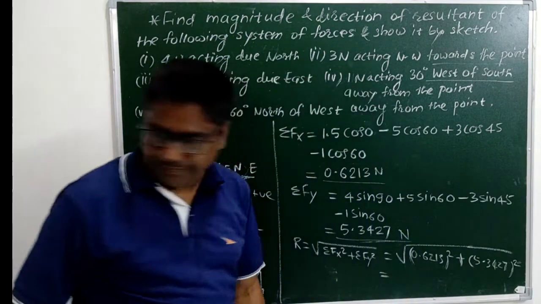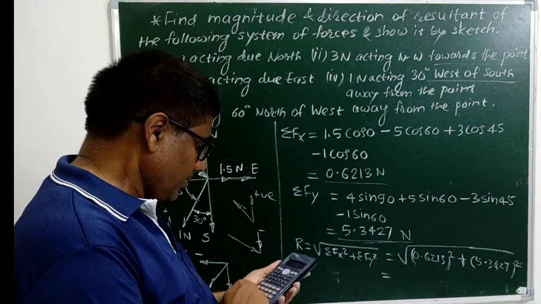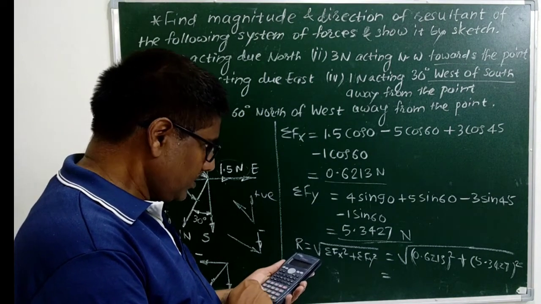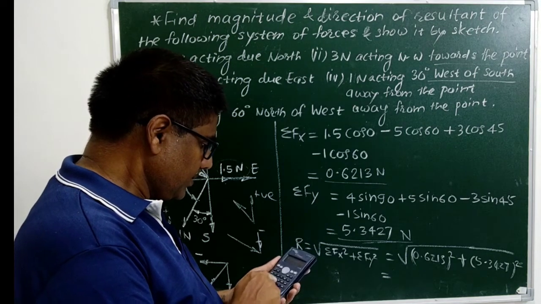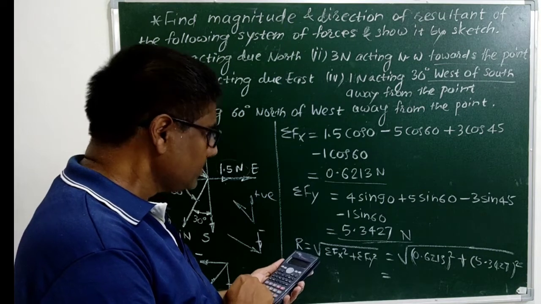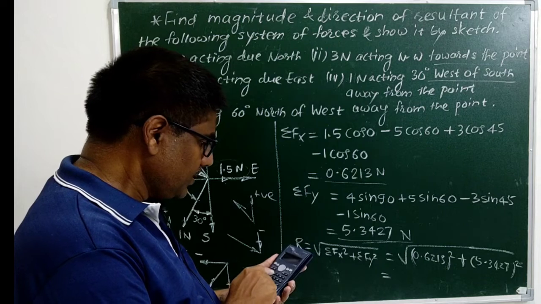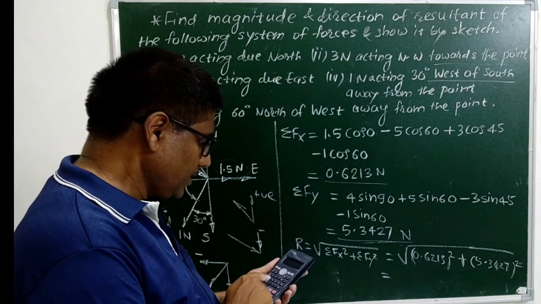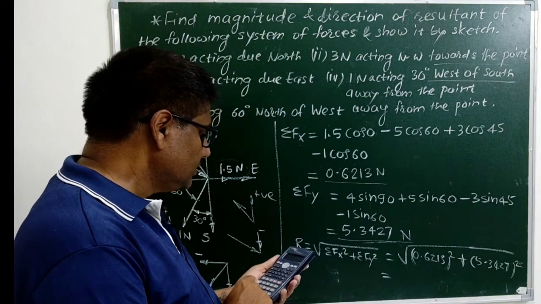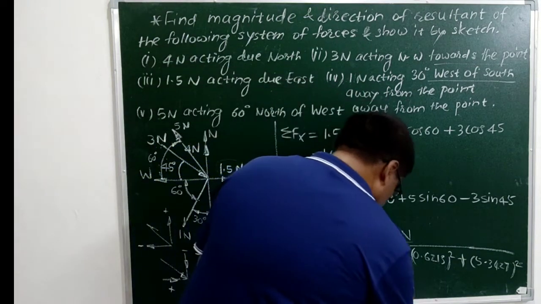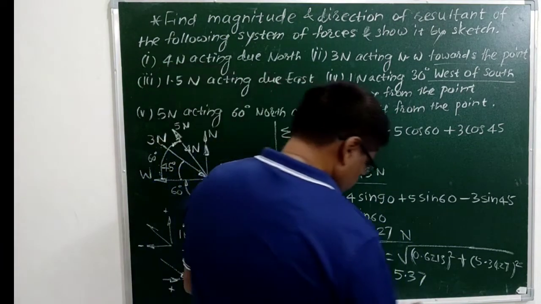which is equal to the root of 0.6213 squared plus 5.3427 squared, which comes to 5.3787.